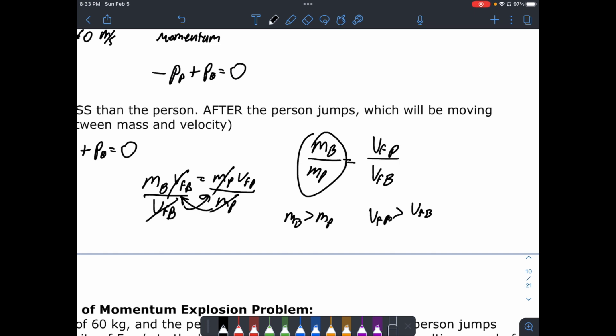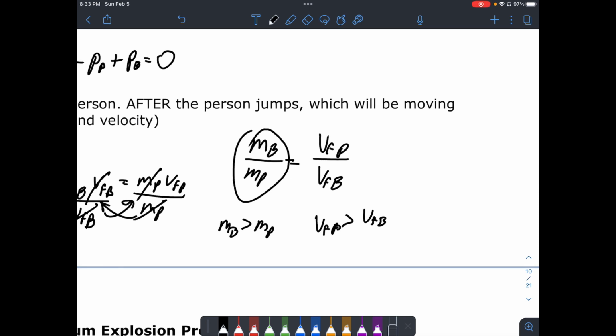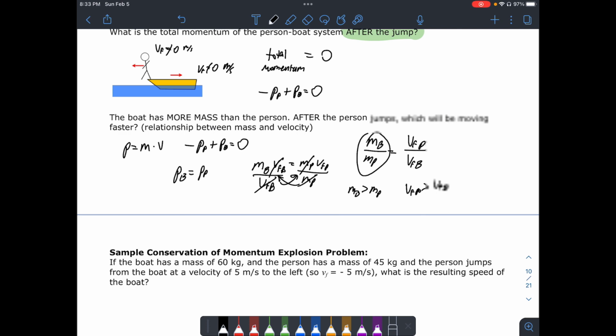I figured that out because our top terms have to be larger than the bottom terms. All right, so the person is moving faster. Remember, going back to the question, which will be moving faster? The person.